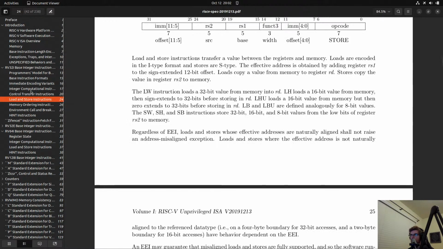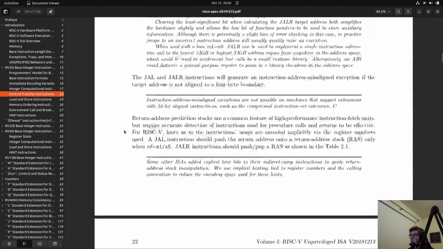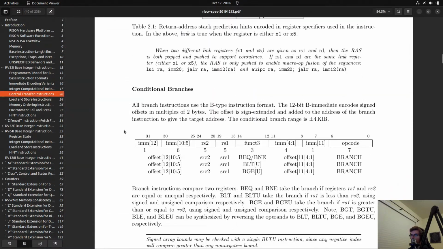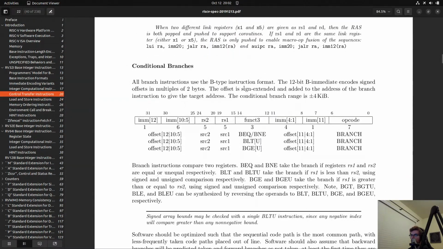Where are we at? Control transfer. Unconditional jumps. Conditional branches. All branches use the B-type format: the 12-bit immediate encodes signed offsets in multiples of 2 bytes. The offset is sign extended and added to the address of the branch instruction to give the target address.